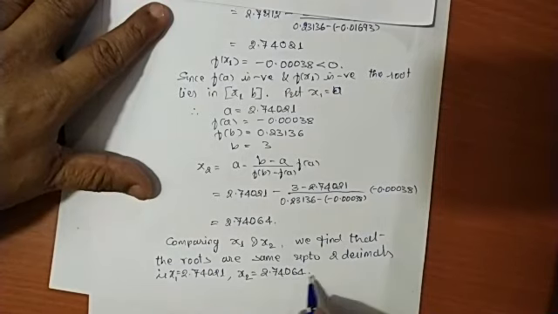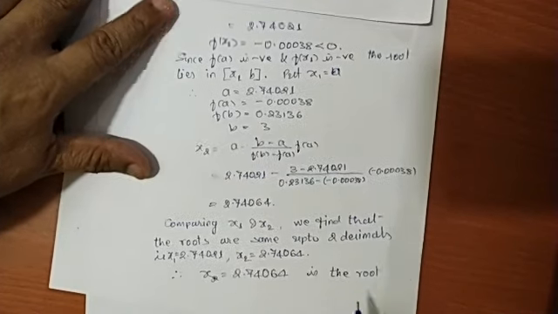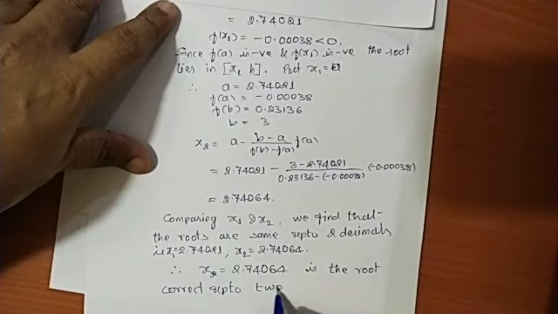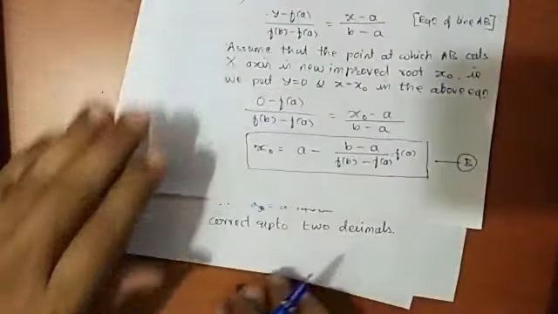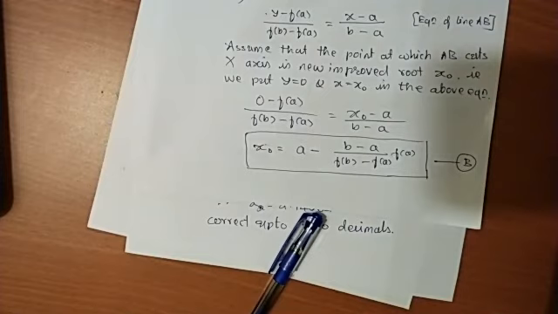So comparing, therefore, x2 is the root, 2.74064, correct up to 2 decimals. Thus, we solve the equations using the false position method like this. So I complete.